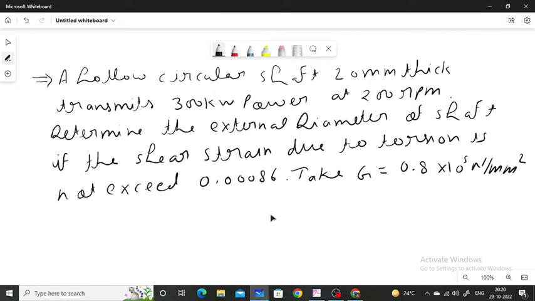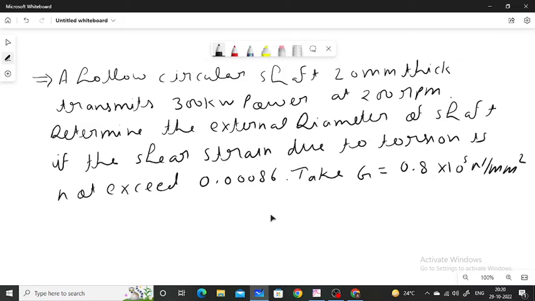Okay. Question is, a hollow circular shaft 20 mm thick transmits 300 kilowatt power at 200 rpm.